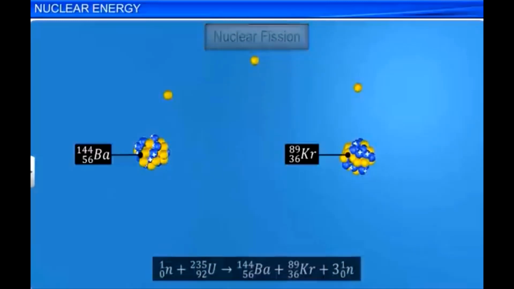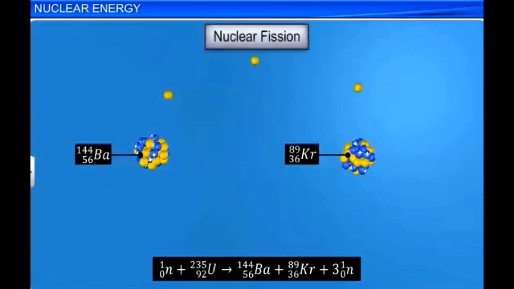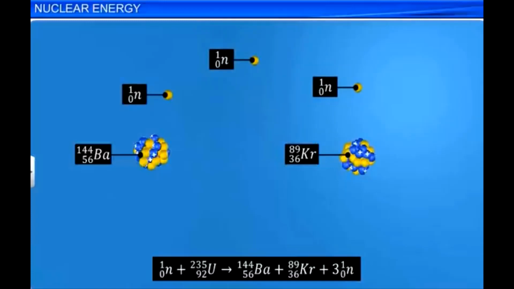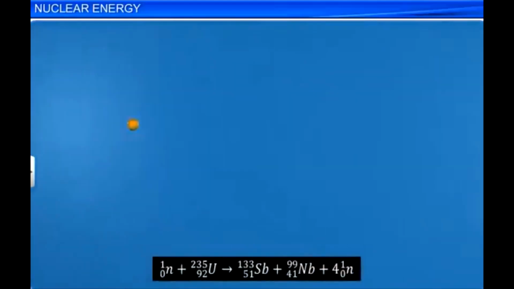When uranium-235 absorbs a neutron, it becomes unstable and undergoes nuclear fission. The fission products are barium-144, krypton-89, and 3 neutrons. It is also observed that in such type of fission, the products need not always be barium and krypton.